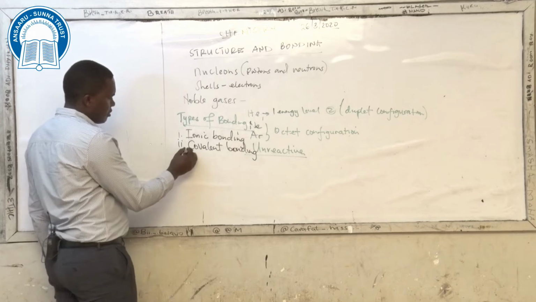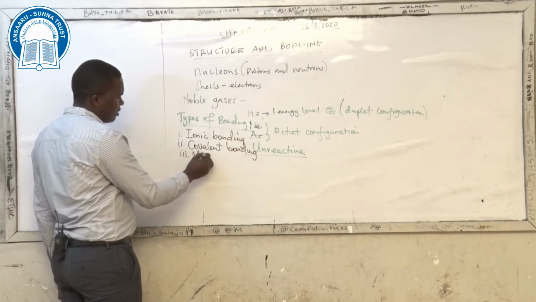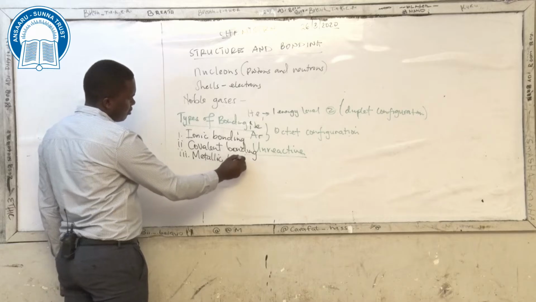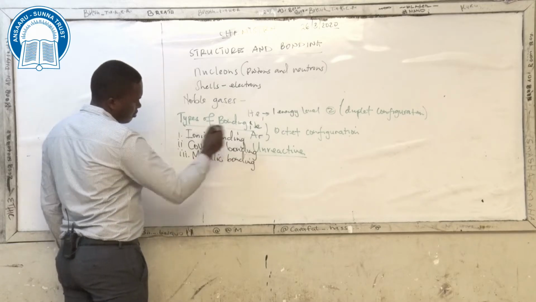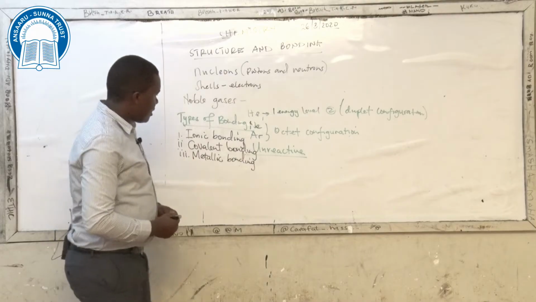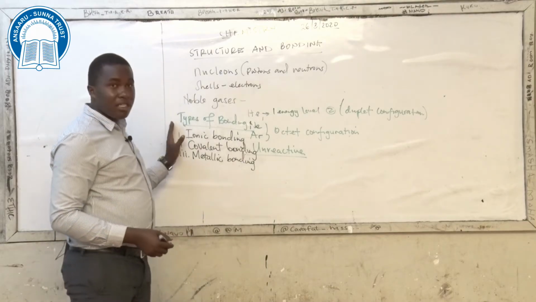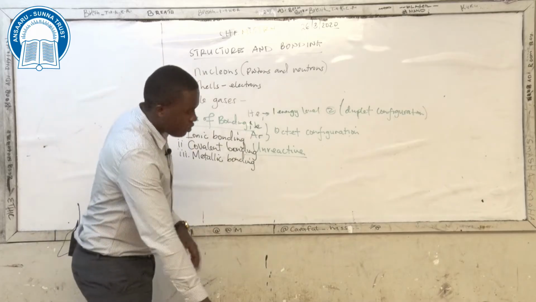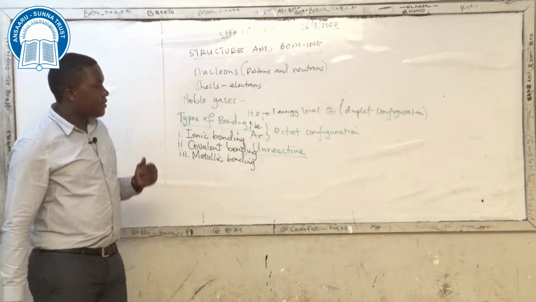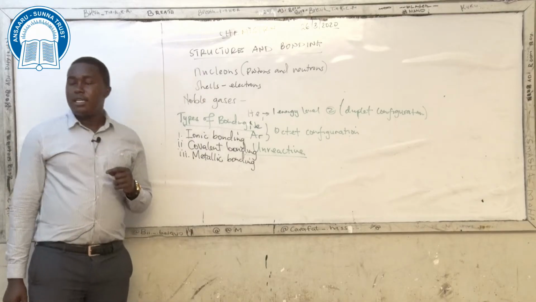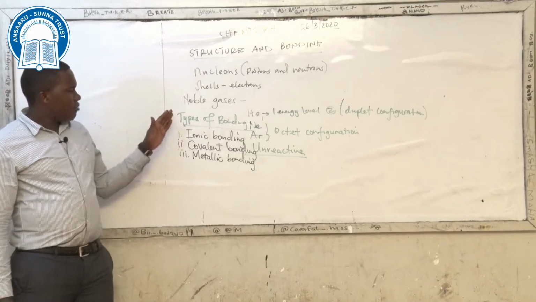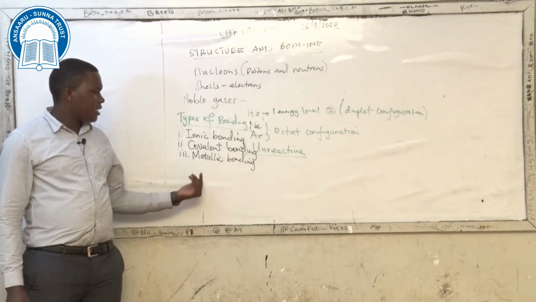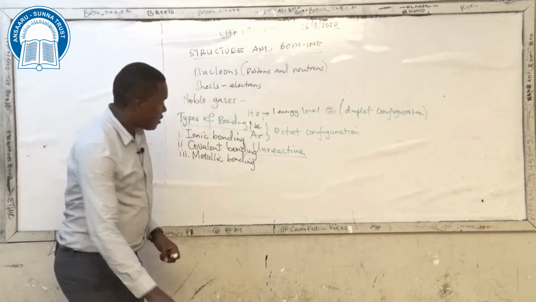Three, we have metallic bonding. This will form the main types of bonding in Form 2, and in high school chemistry generally. We are going to discuss each one of them and see how these atoms will bond to each other when ionic bond takes place, when covalent bond takes place, and when they bond as metals.